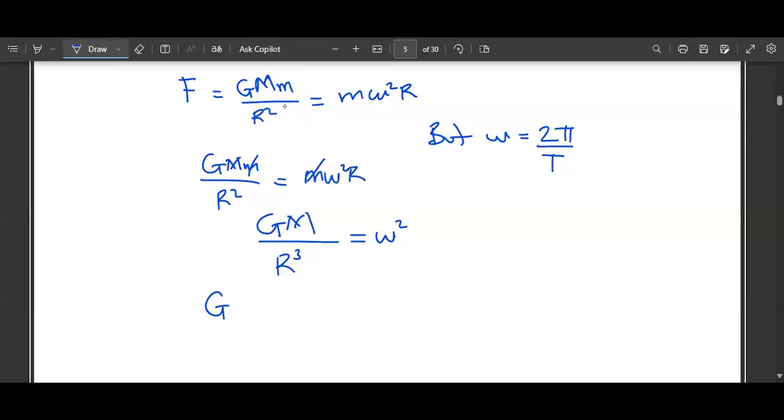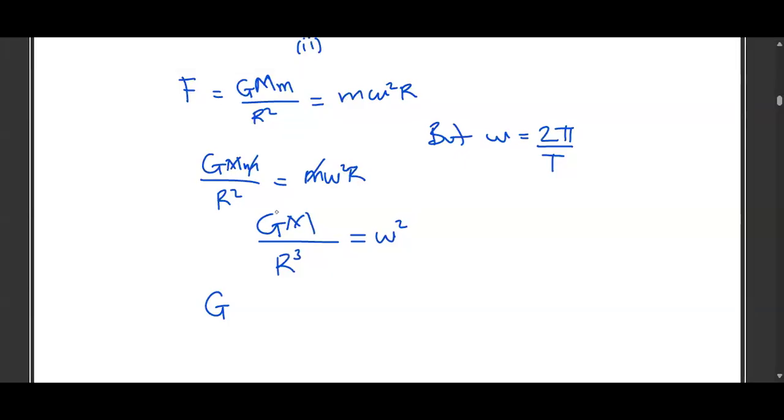Now this m cancels out, and I come up with GM divided by r cubed is equal to omega squared. But our omega is the same as 2 pi divided by T. So we have GM divided by r cubed equal to 2 pi divided by T, now squared.